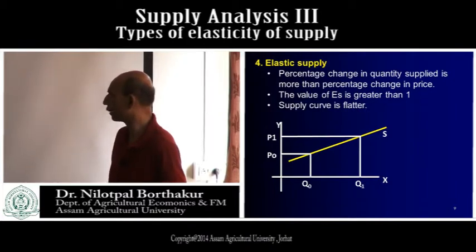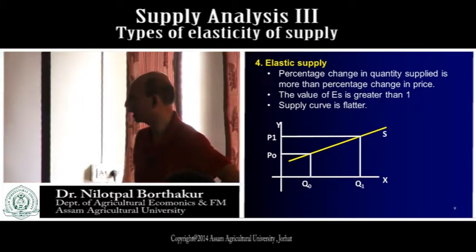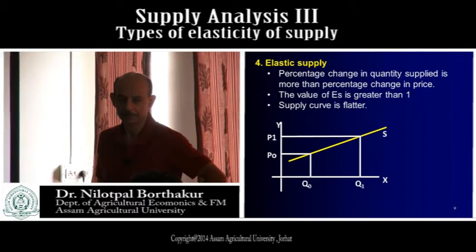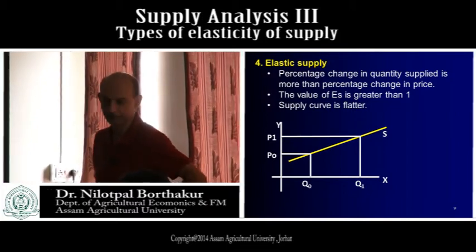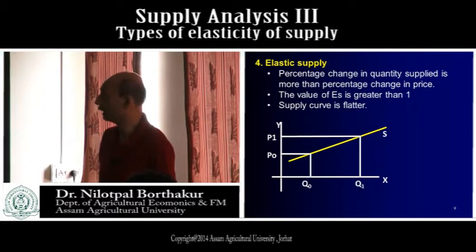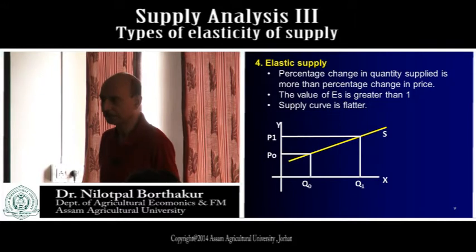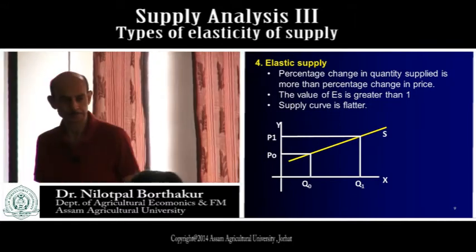So elasticity of supply is greater than 1, and the supply curve in this case is flatter. In case of inelastic supply, we got a steep supply curve, but here the supply curve is flatter.